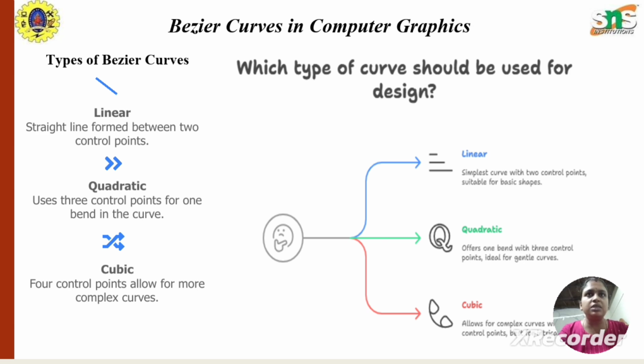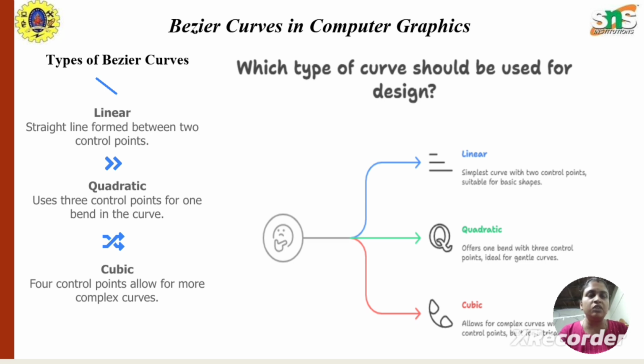A quadratic Bezier curve is defined using three control points. The curve bends once and is computed by blending two interpolations. It is common in basic shape drawing and simple path animations. The next type is cubic. It is defined by four control points and offers flexibility for modeling complex curves.